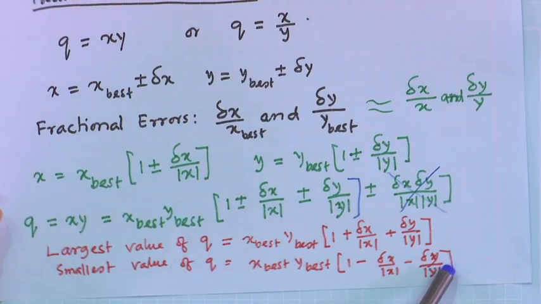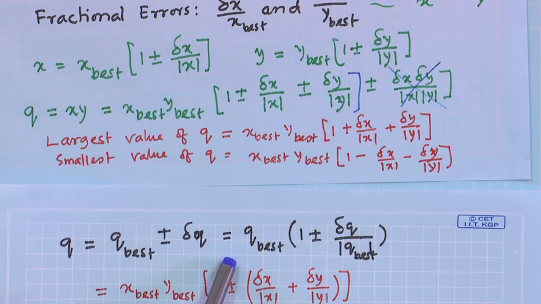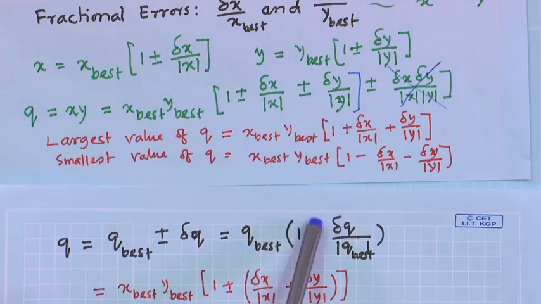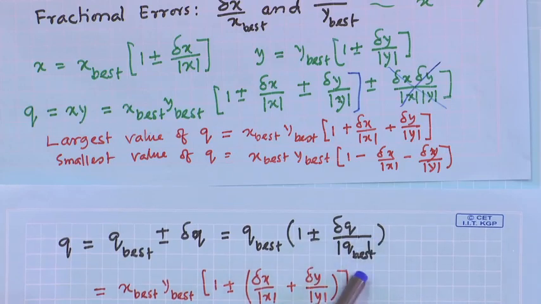So your q equal to q best plus minus delta q equal to q best, if you take common, 1 plus minus delta q by mod q best. Generally we just write q.